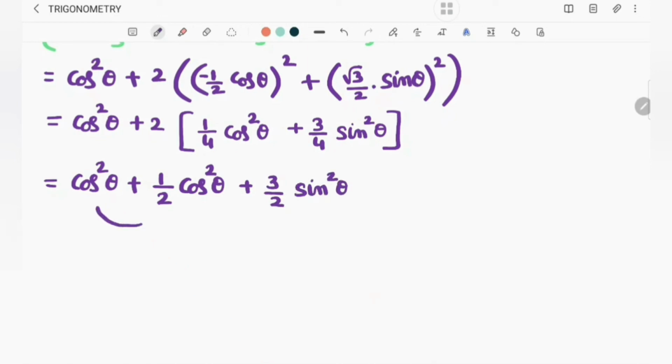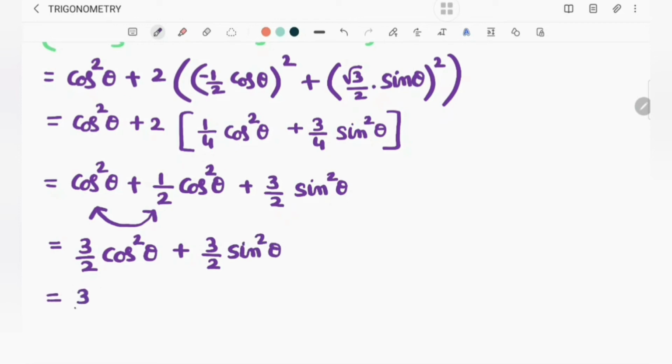So 1 by 2 cos square theta plus cos square theta is 3 by 2 cos square theta, plus 3 by 2 sin square theta. So 3 by 2 take common from these two: cos square theta plus sin square theta.